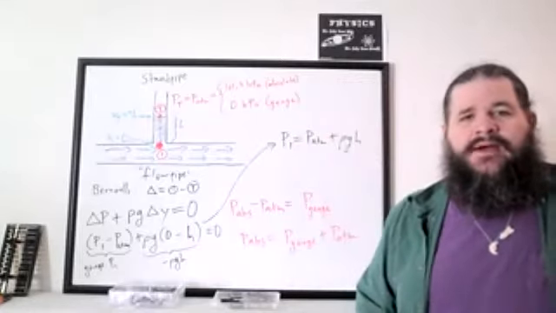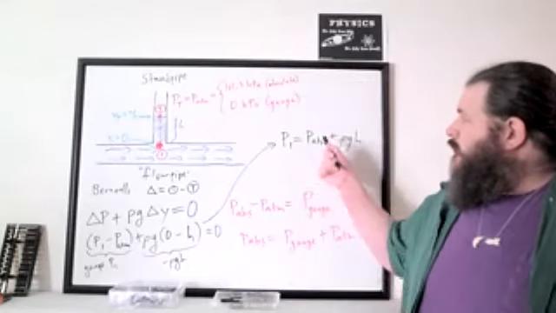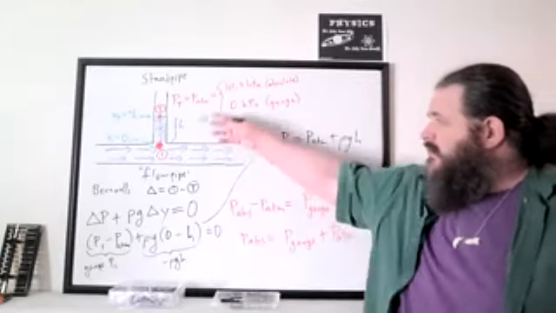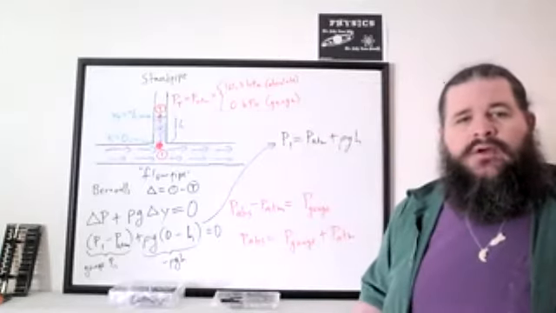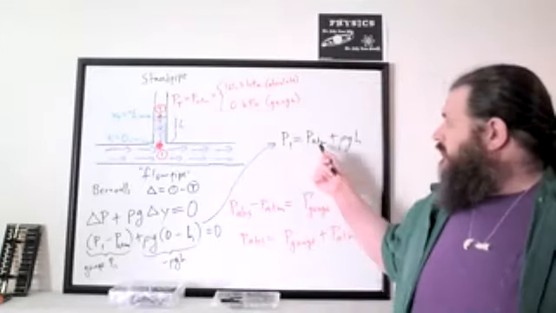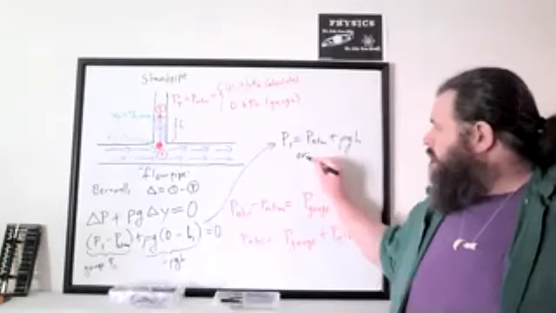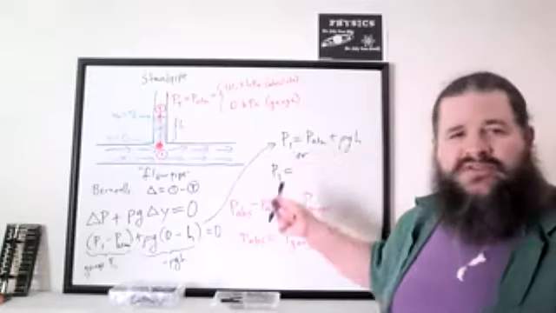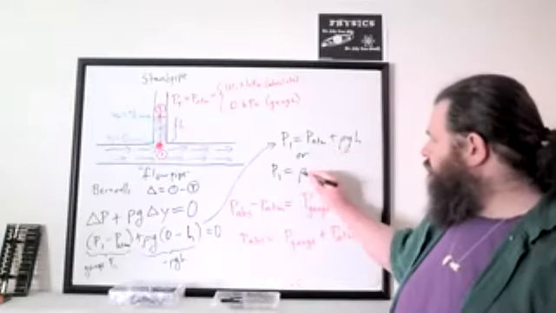So if we're talking about absolute pressure, we take 101.3 kilopascals and add rho gh, whatever the height of the fluid is. Or alternatively, in gauge pressure, we would treat P atmosphere as 0. So that means if you treat pressure of the atmosphere as 0, you just get rho gh.